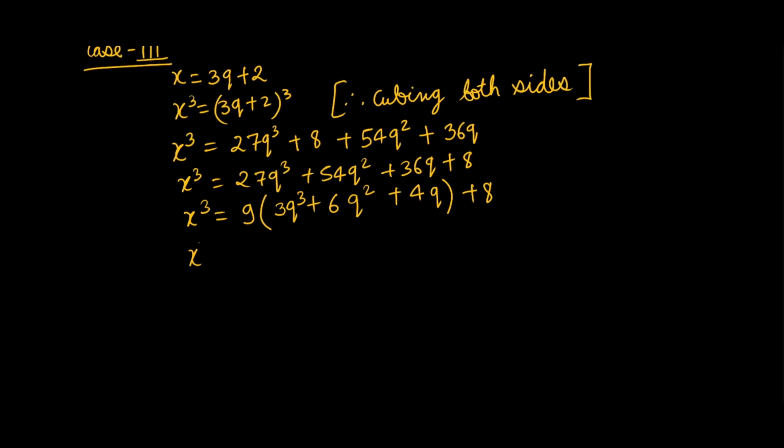So we are getting x cube is equal to... we take m equal to 3q cube plus 6q square plus 4q. So we will get 9m plus 8.